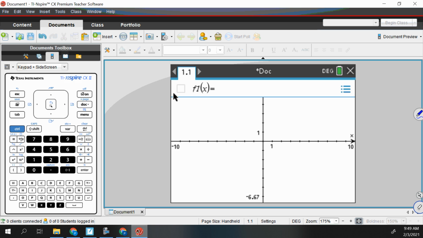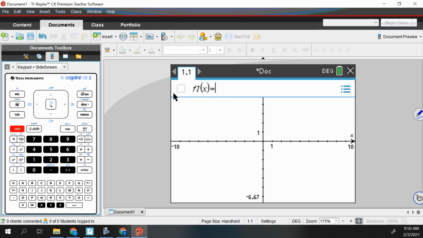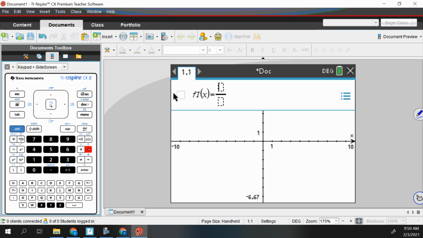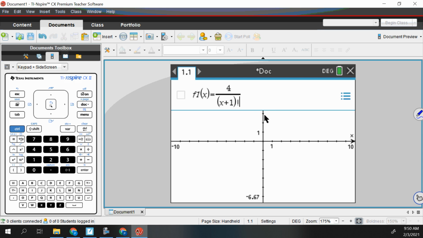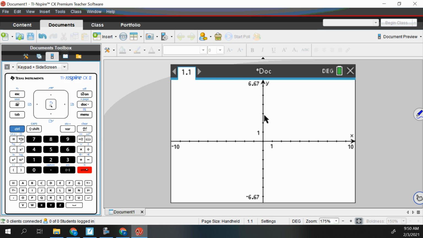We've just got to put the n in as x. So we're going to have 4 over x plus 1, factorial is down under the question mark. And hit enter, and then do a control T.